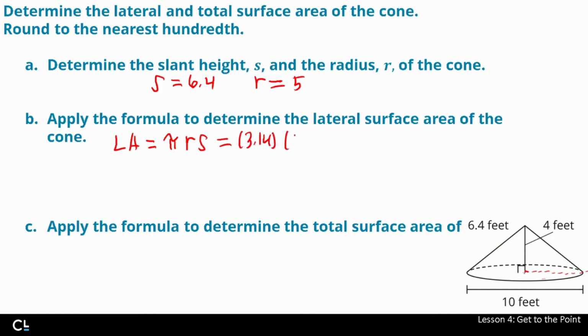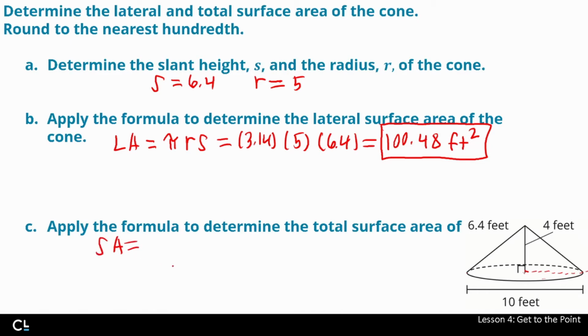We said r is equal to 5. And then s is equal to 6.4. And once again, just plug this into a calculator. And what we get is 100.48. And this is going to be feet squared. That's my lateral surface area. We're just plugging in what we know. Once again, this is all just knowing what the formula is and then how do we use it.